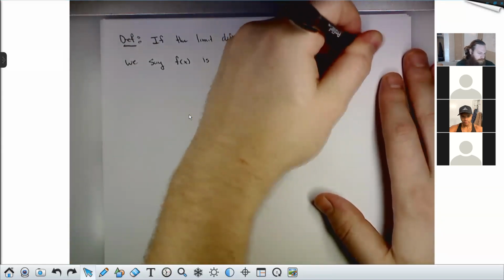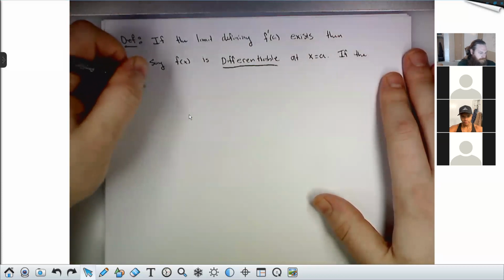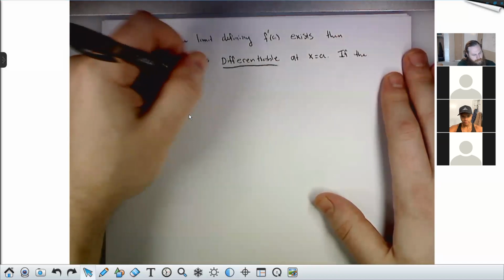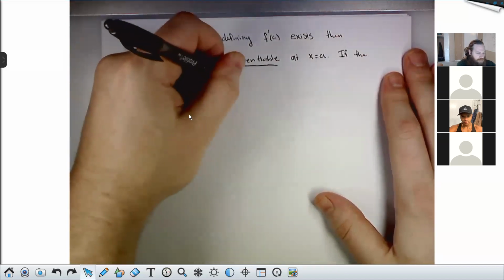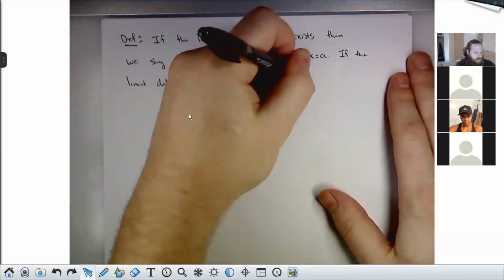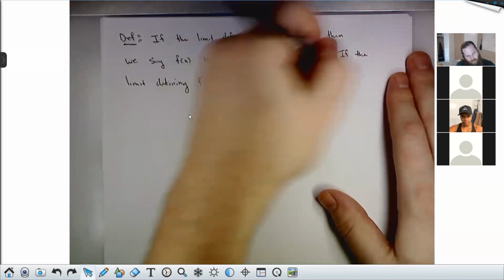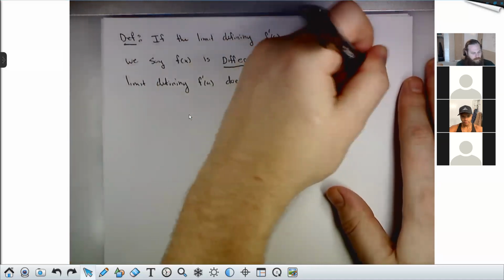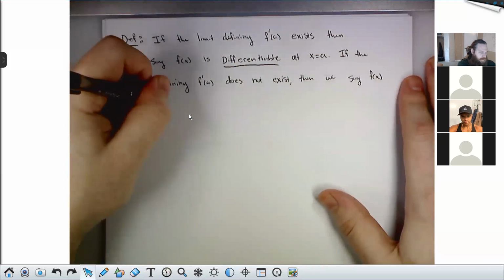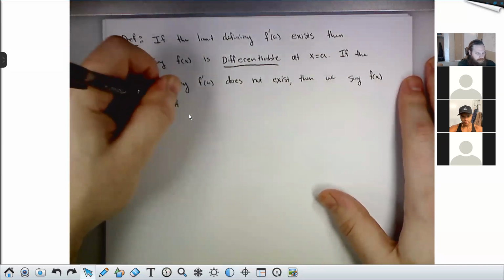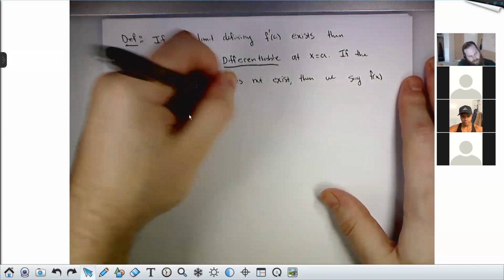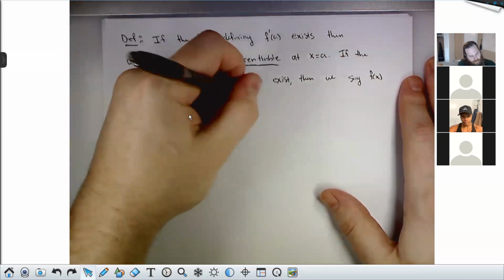If the limit defining f prime of a does not exist, then we say the original function f of x is not differentiable at x equals a.